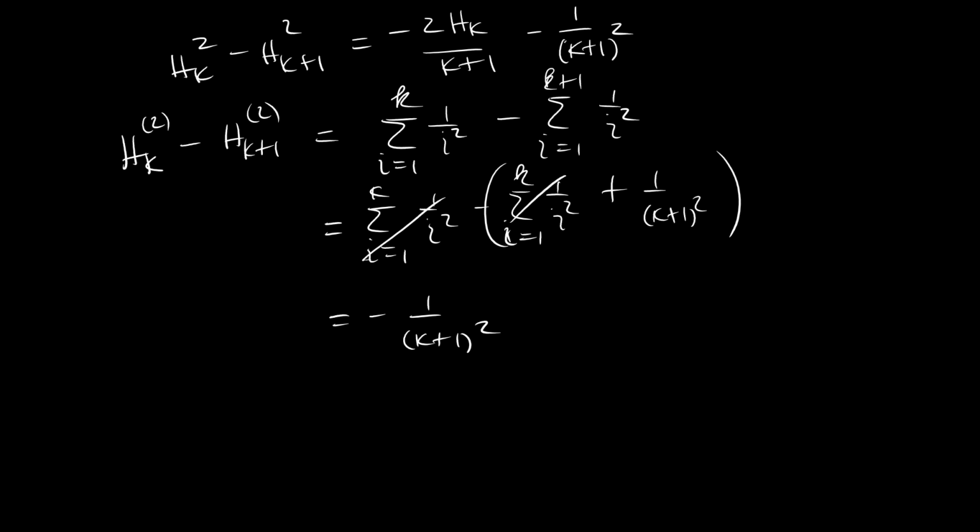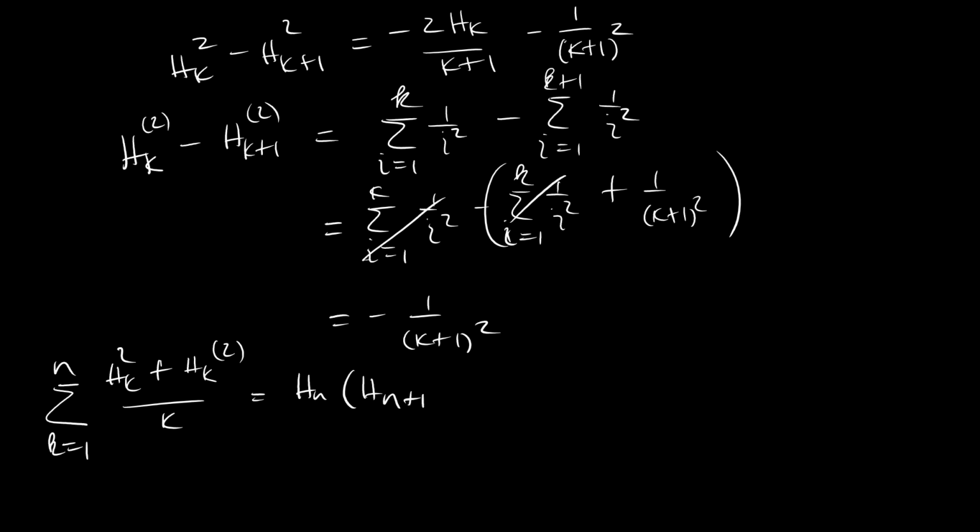So what we do have now is the summation from k equals 1 to n of hk squared plus hk over k, since this was equal to that, plus the summation from k equals 1 to n of hk.